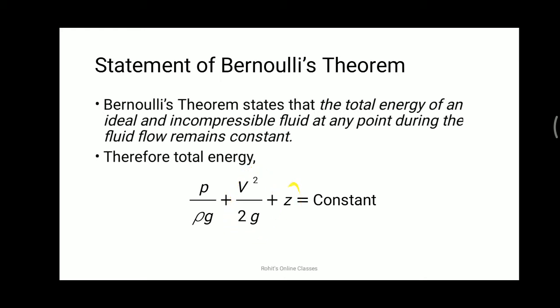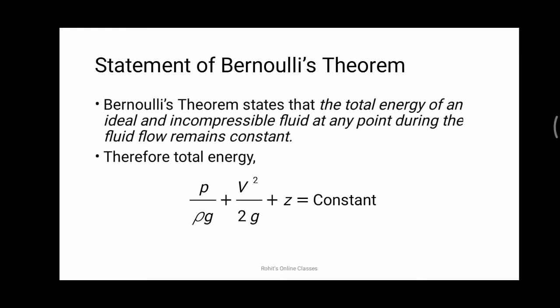Then Z represents the potential energy, and P divided by rho g indicates the pressure energy, or you can consider this as the internal energy of the fluid. So the addition of all these energies remains constant. This is the basis, or the summary, of Bernoulli's theorem.